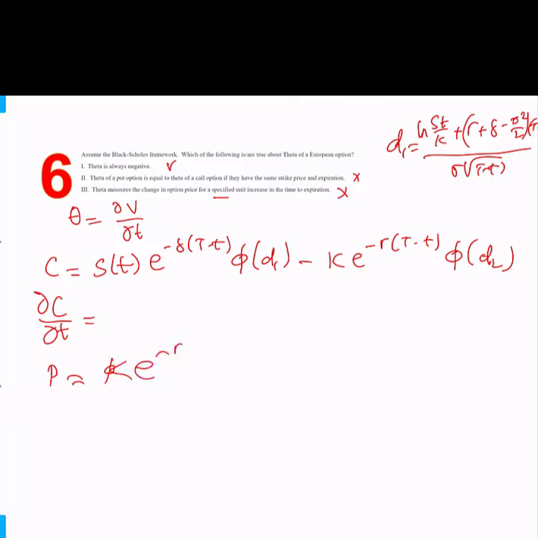Let's see, P is K e to the minus r (T minus t) phi of minus d2 minus S0 e to the minus delta (T minus t) phi of minus d1.